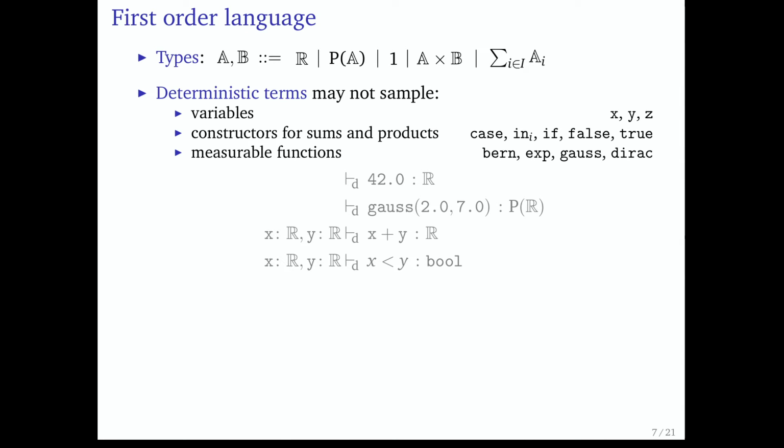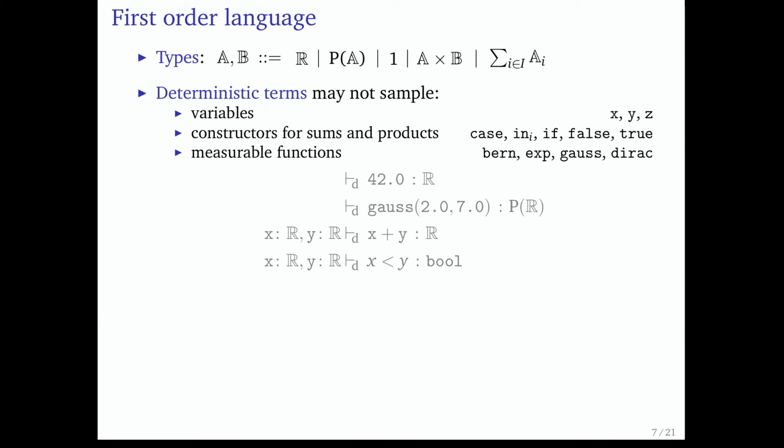The interesting one is that any measurable function whatsoever, I'm going to allow as a statement in my language. Specifically, something like the Bernoulli distribution that we've just used, you could see as a measurable function from the singleton set to the set of probability distributions on R. So those are allowed terms in my language.